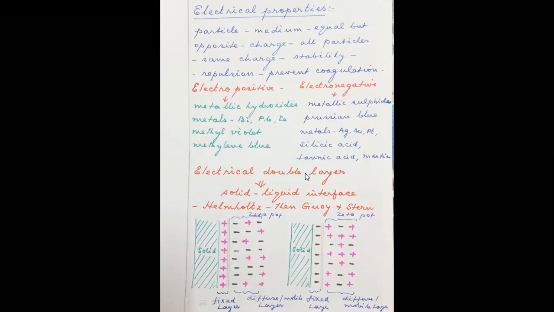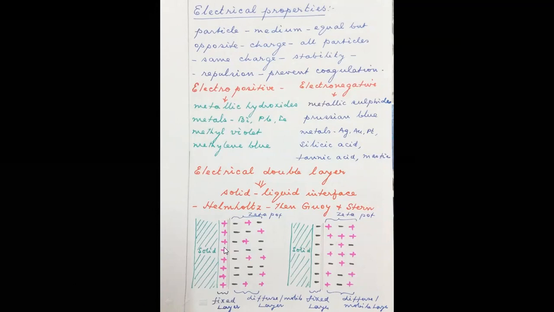When you think of the electrical double layer, the electrical setup in the colloidal system is in the form of an electrical double layer. And in the electrical double layer, you can see this is something like the solid and the liquid interface.